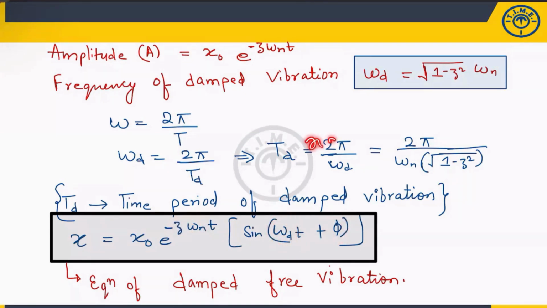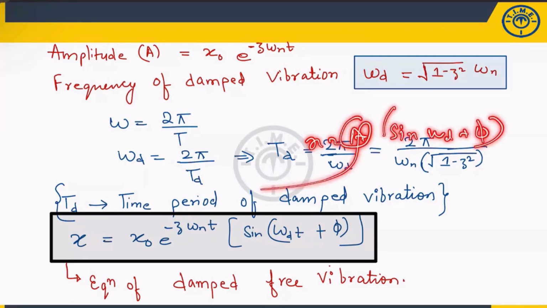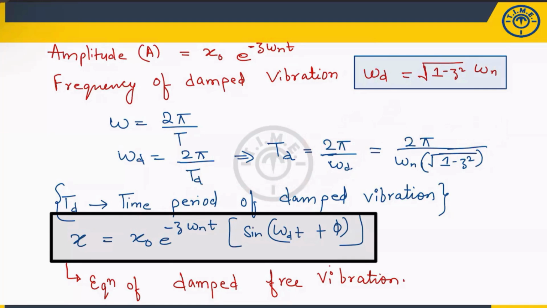If x equal to A sine omega d t plus phi is given, then this amplitude belongs to this one. How these results came, you will get once you solve that differential equation. I'm just summarizing the important terms. So the amplitude is x naught e to the power of minus zeta omega n t. How will you calculate the damped vibration frequency?